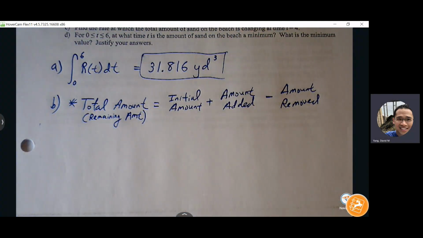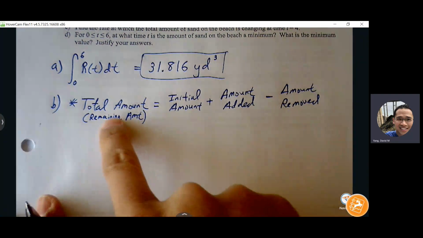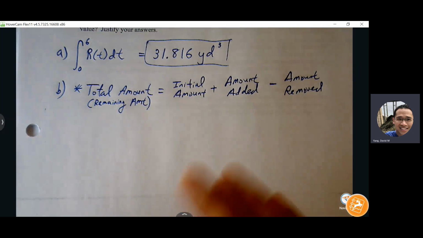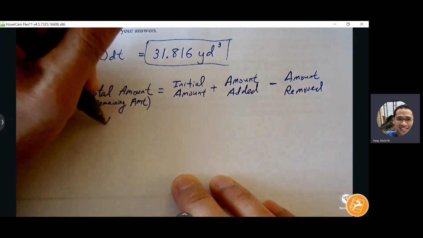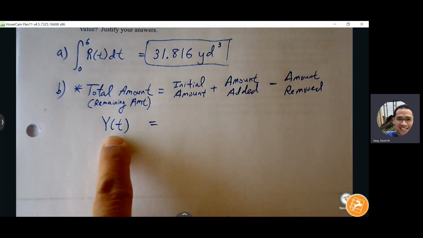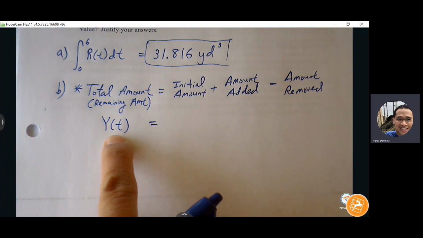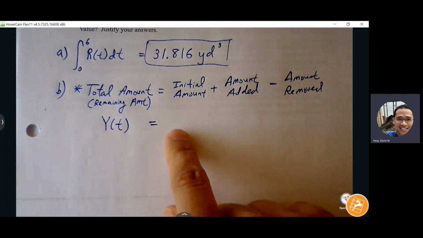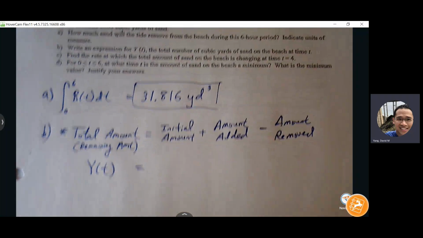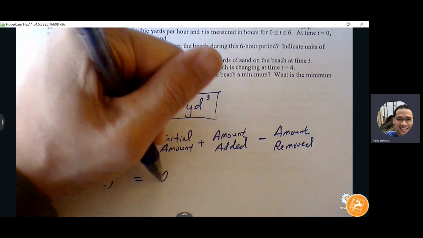Okay, so here's a formula that we can use for this. Once we have it out in words, this is how we're going to establish it. We're going to say y of t, representing the cubic yards of sand, is equal to the initial amount. How much was on the beach to begin with at t equals 0? 2,500. Okay, so that's our beginning.